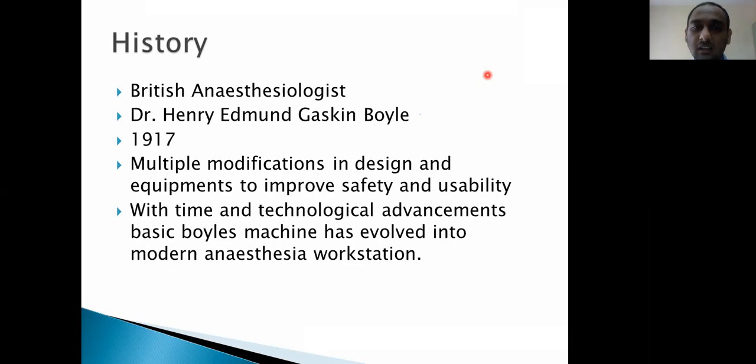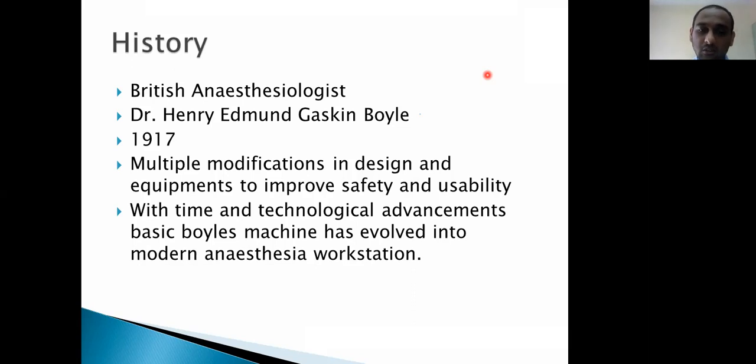Safety is the reason that the machine came into existence in the first place, and as multiple anesthesiologists, various generations, used the machine and realized shortcomings and suggested changes, which were then implemented, the safety has improved drastically since the introduction of the machine.